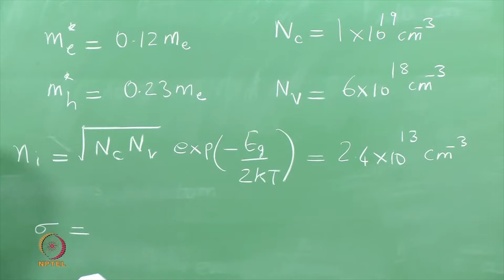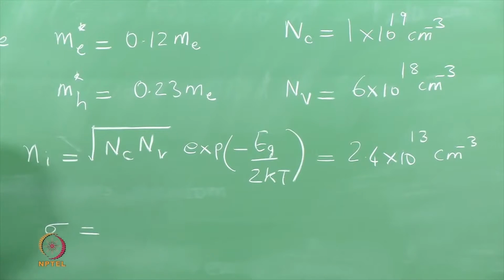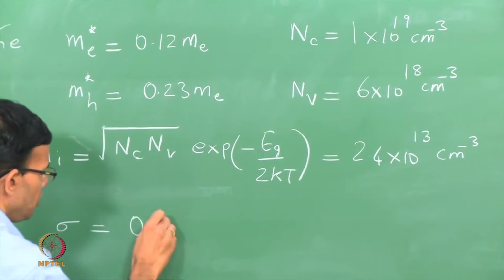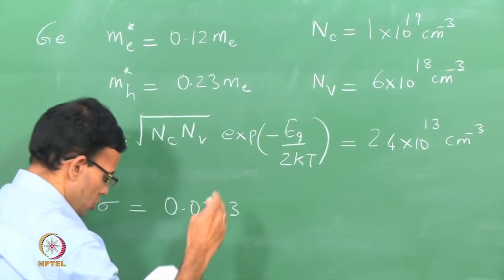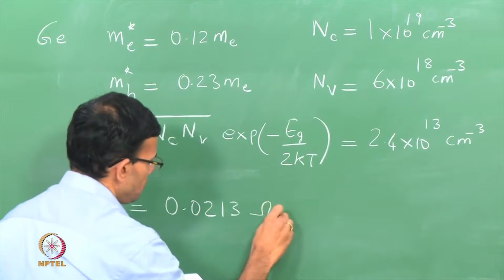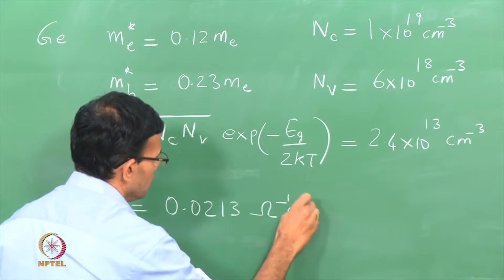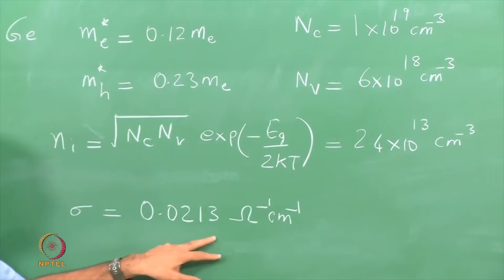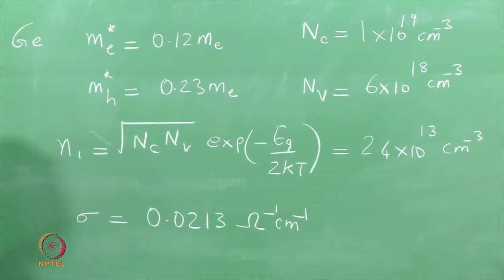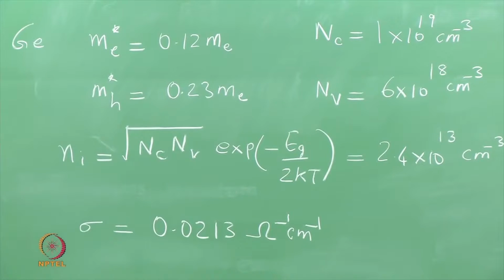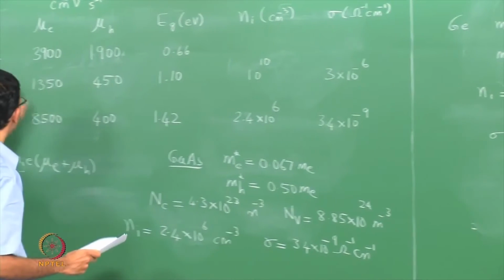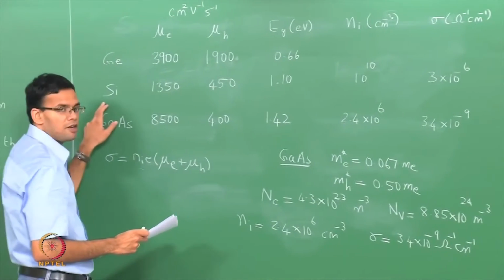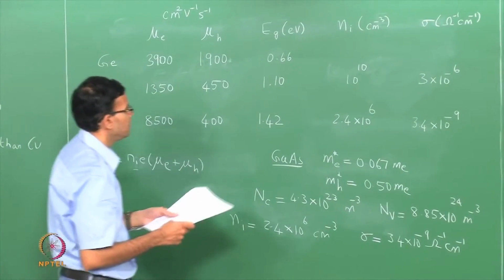Similarly, you can calculate the conductivity. The conductivity works out to be 0.0213. We can now fill this information back in the table which we started. So, let me go to the table and fill in the values for germanium. We already did for silicon and gallium arsenide.